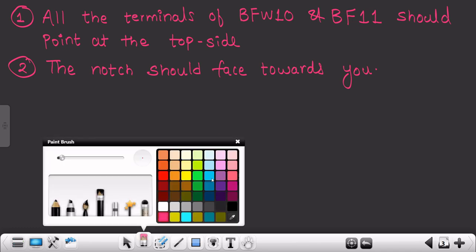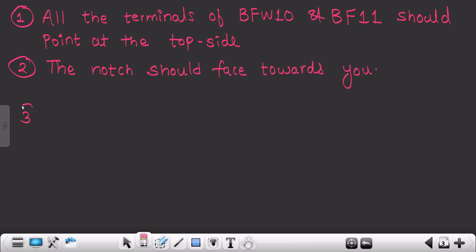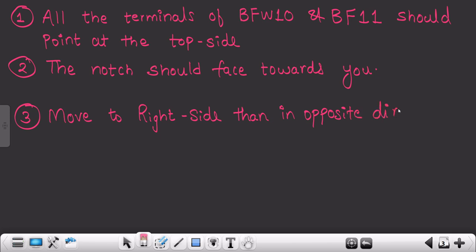That means move to the right side. Let me take this color only. All right, so the third point is move to the right side, then in the opposite direction, and this particular step you have to follow two times.